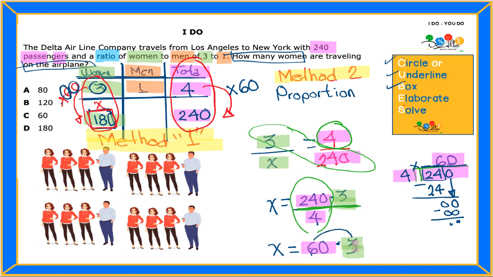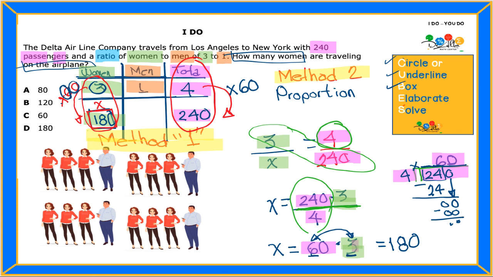When we have multiples of 10, like in this case, what I can do is add this place value at the end. So I'm going to focus on 6 and 3. 6 times 3, 18. But in reality, it wasn't a 6, but a 60. So I'm going to add a 0 right here. Great.